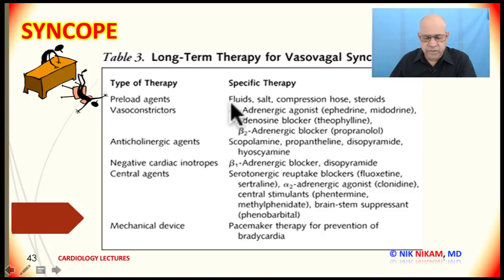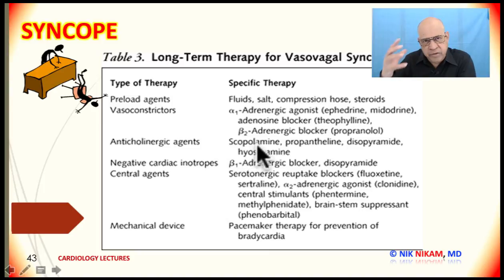One, to improve the preload, we can give these patients fluid, salt or salt drinks, compression hose, steroids, alpha-adrenergic agonists such as midodrine, which causes vasoconstriction in the arms and legs and thus maintains the vasomotor tone.